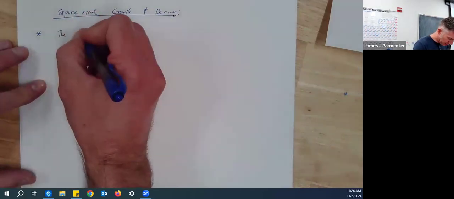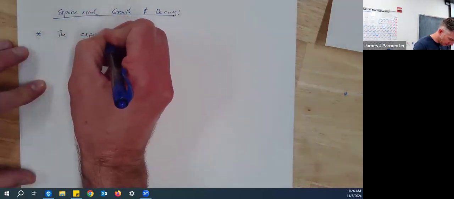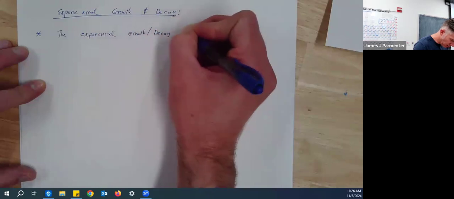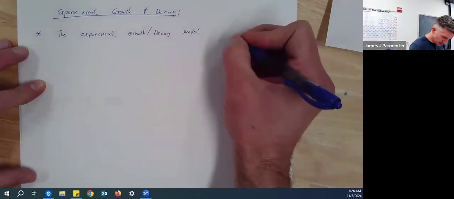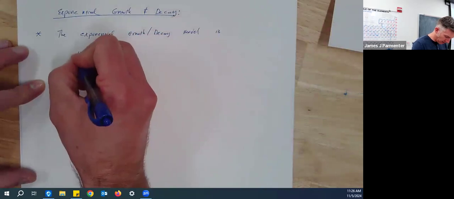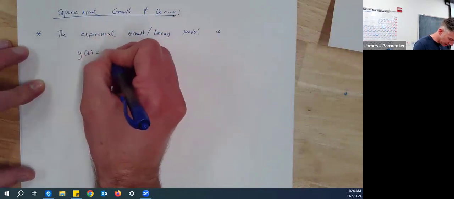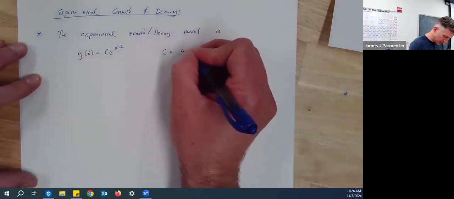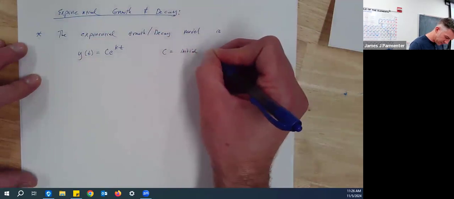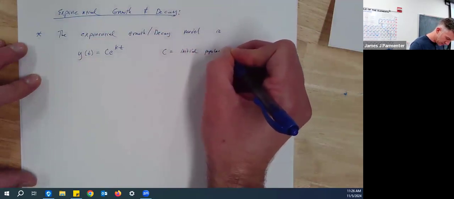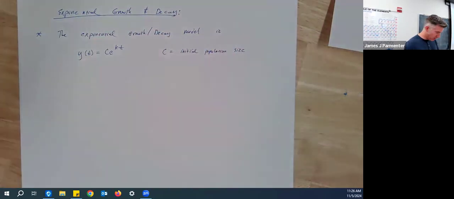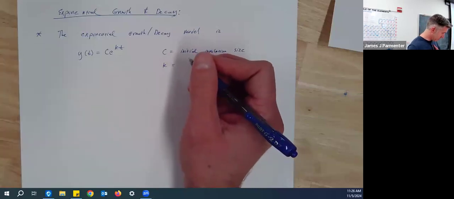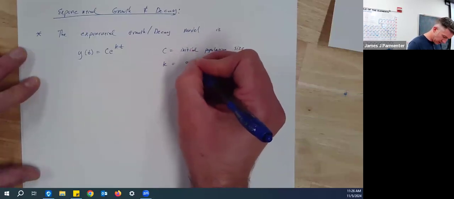The exponential growth/decay model, as we typically refer to it, is usually written something like y or y(t) equal to C e to the kt, where typically C is the initial population size or initial amount of stuff, how much you have at time 0, and k is usually called the growth rate or the decay rate. So k is the growth rate/decay rate.